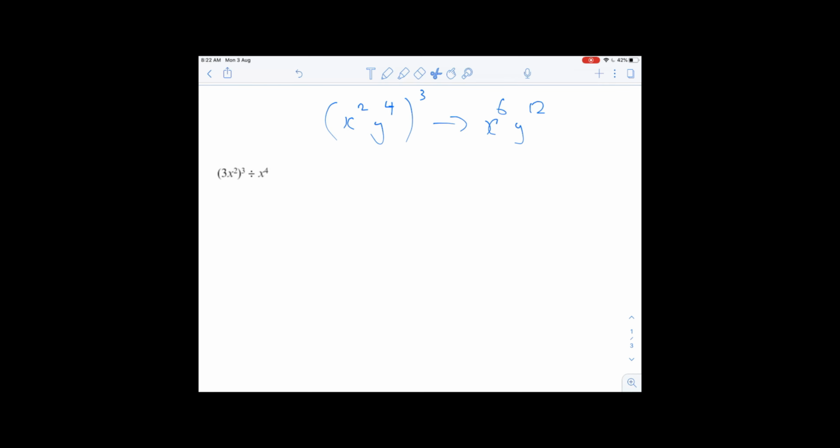Let's say you have a question which says simplify this expression, and we have this question over here.